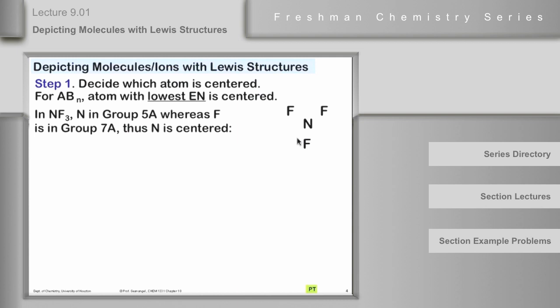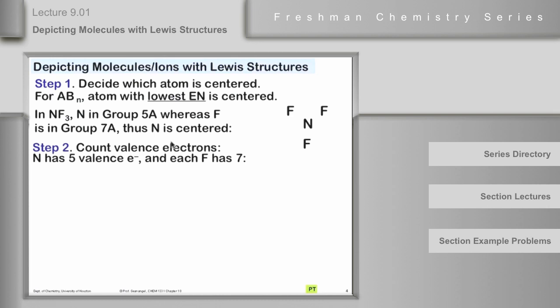Now, we are not doing the geometric structure at this point. The only structural feature we have is something is centered and everything else is around it. So it's not hard. It's easy. So at this point, we are ready for the next step, which is to add up the valence electrons for a nitrogen and 3 fluorines.